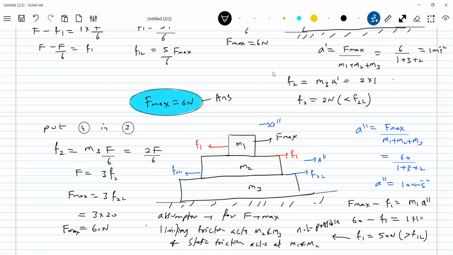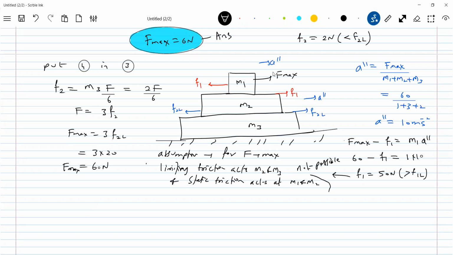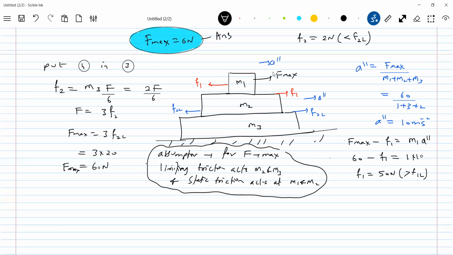This was our assumption. Look at it clearly. This was the assumption we made. Is this assumption correct? No, it went wrong, no? Assumption is not true.